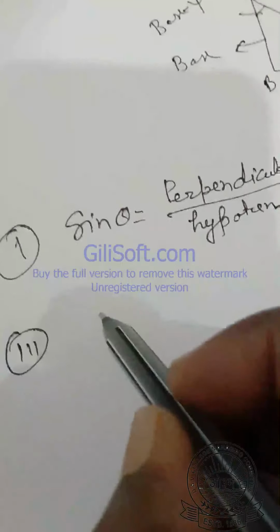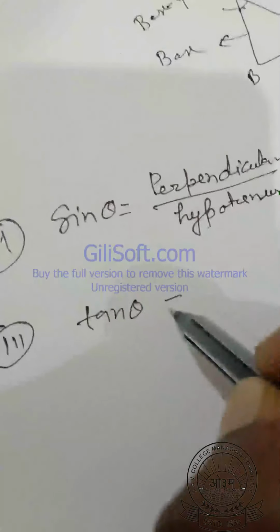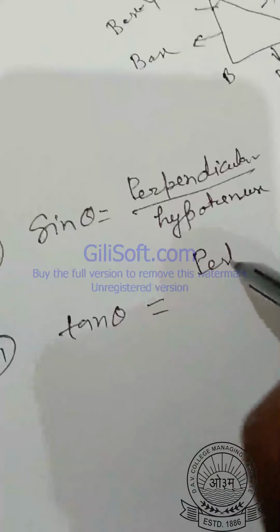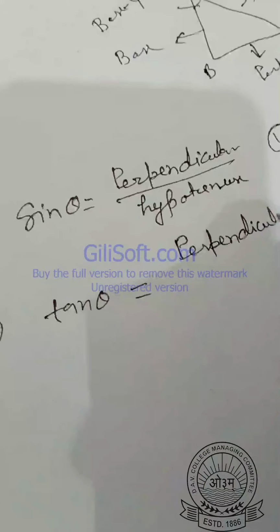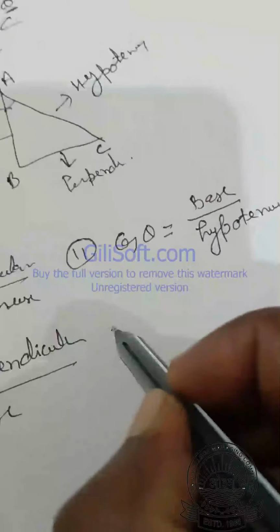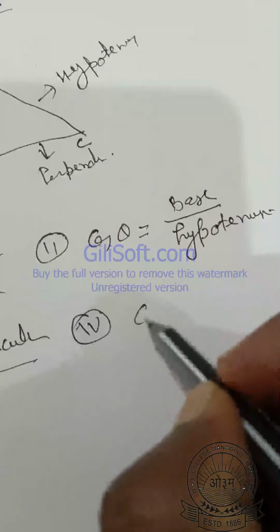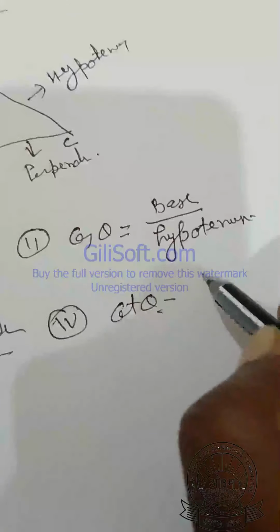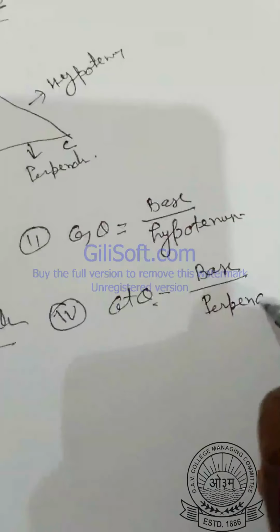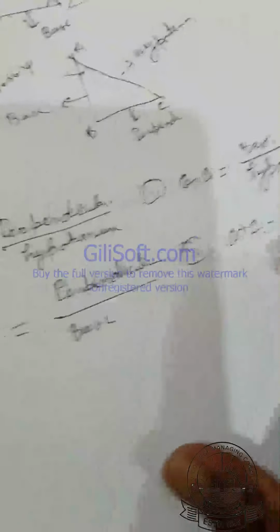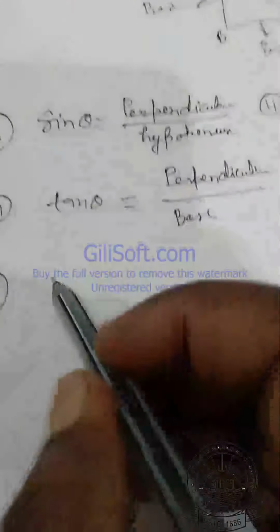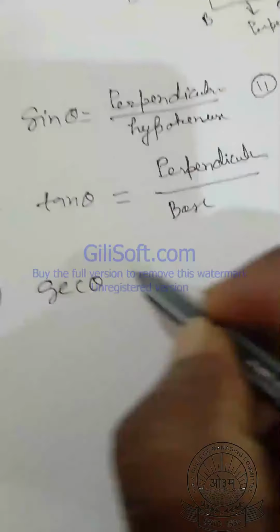Tan theta means perpendicular by base. Next, fourth, cot theta. Cot theta means base by perpendicular. Next, sec theta.